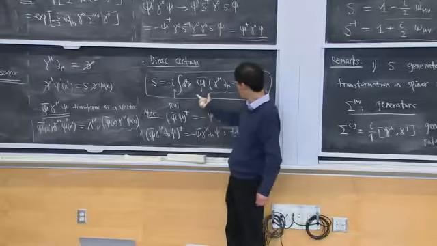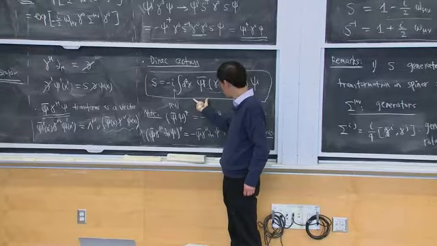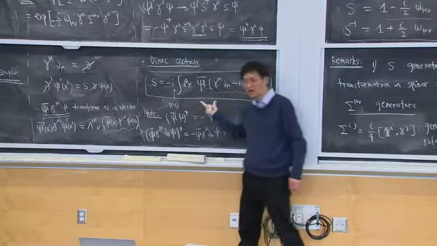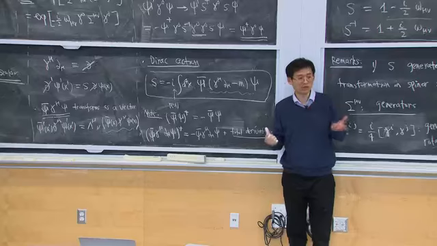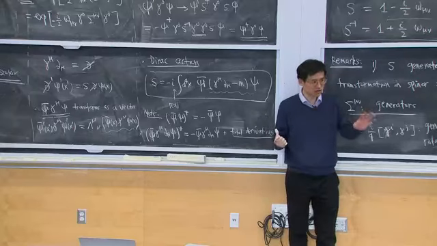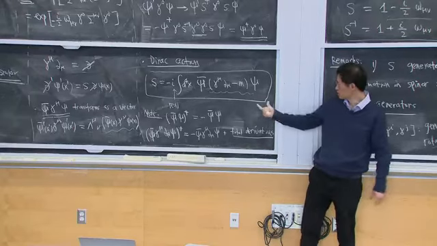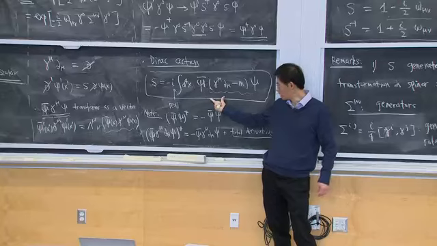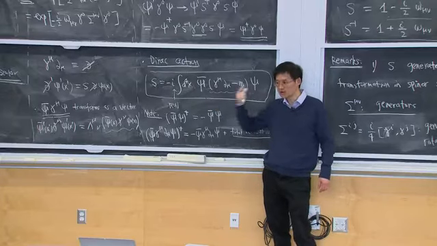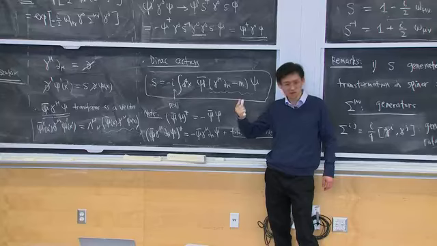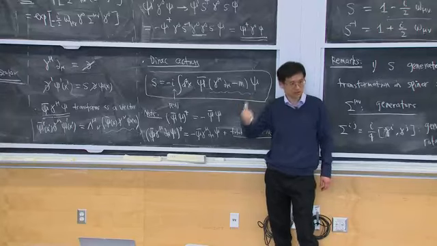So the logical next step is to quantize, to go to quantum field theory. So far everything is classical. Now we want to quantize this theory, and when we quantize it, we will see, remarkably, fermions.